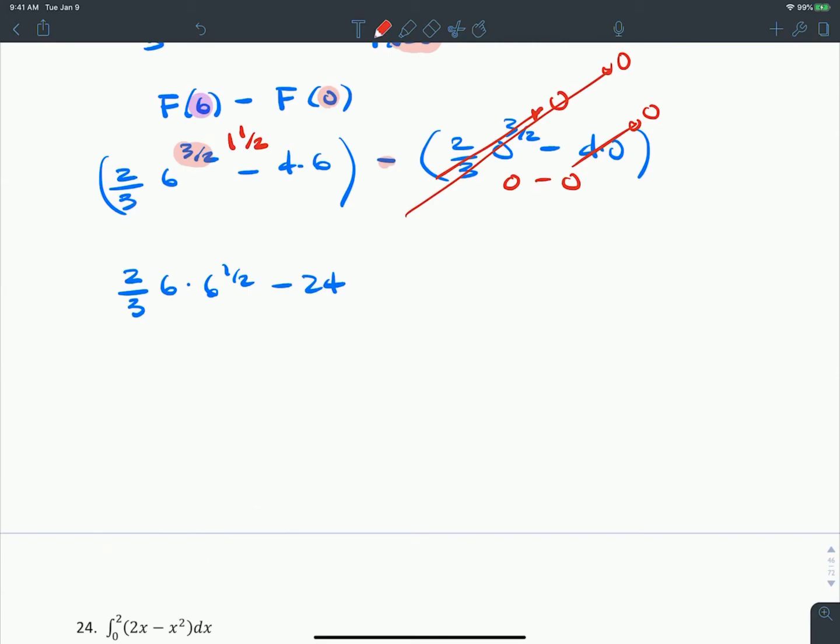We're really simplifying our radical. So notice what we end up with. 3 and 6 cancel there, that's 2. So our final answer is going to be the following. 4 times the square root of 6 minus 24. And that number is going to be a negative value. Don't forget we got 4 by 2 times 2.